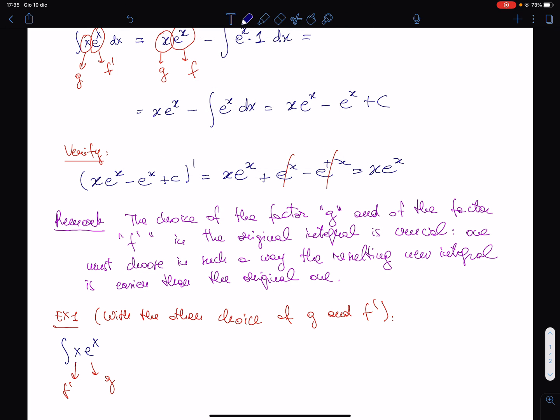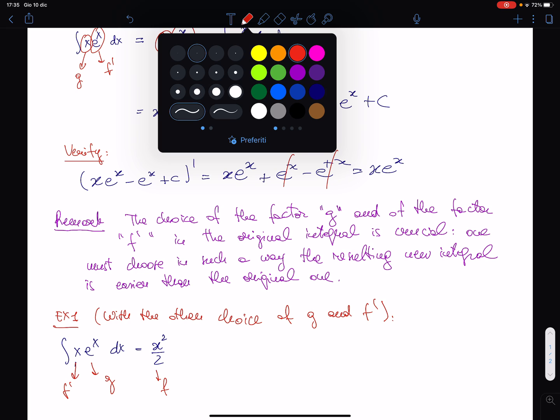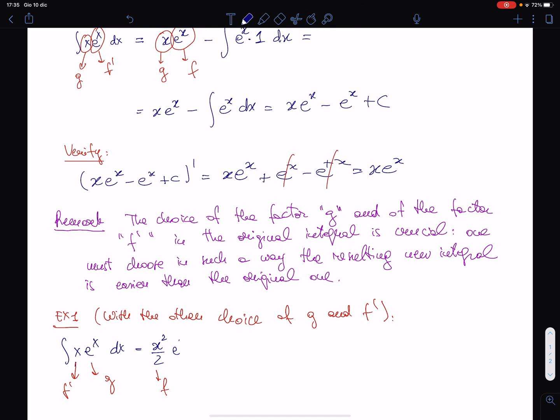So here we have x squared divided by 2 as f, and then again e to the x, minus, the minus which is in the formula, f, x squared over 2, and then g prime, which is again e to the x.